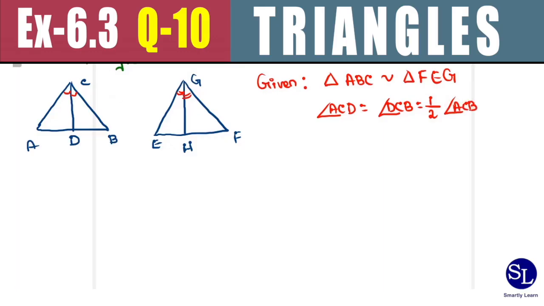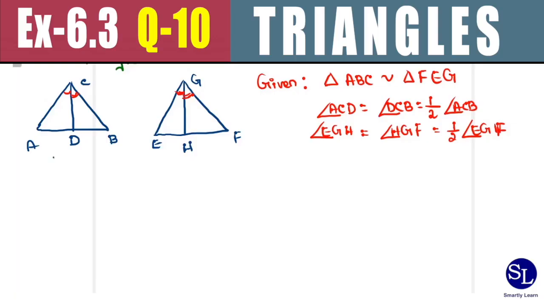I'm marking these two properties. Similarly, angle EGH is equal to angle HGF, which is equal to half of angle EGF. So we have written what is given to us mathematically.